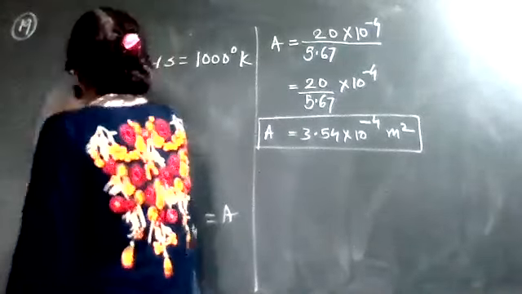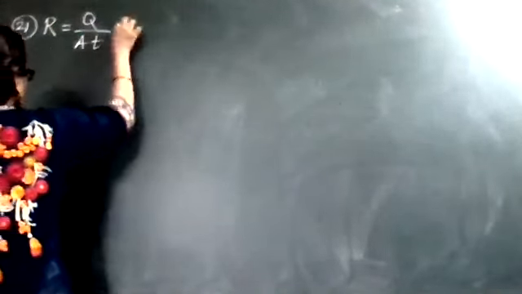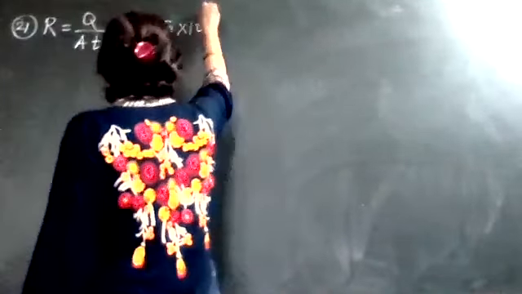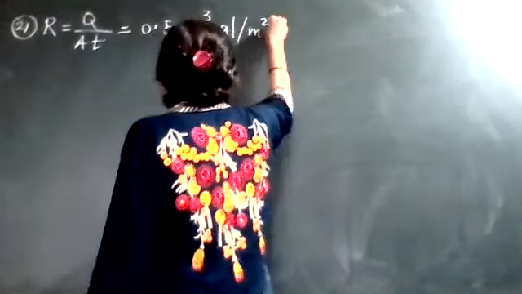So you have been given the emissive power. Your formula: emissive power R is equal to Q upon A T. How much is the emissive power? It is 0.1 kilocalorie. Kilocalorie, that's 10 raised to 3. So I'll write calorie per meter square.